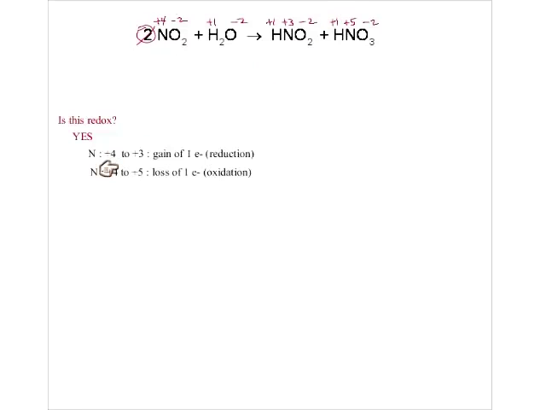So this means it was deficient by 4, and now it's deficient by 5. So it lost another one. So that's an oxidation half reaction. So is this redox? Yes, absolutely. This is a special one. This is disproportionation, remember? Nitrogen is acting as a double agent here. It's being the oxidizing agent and the reducing agent. Okay, there we go. All right.